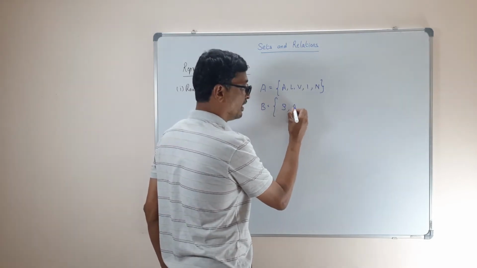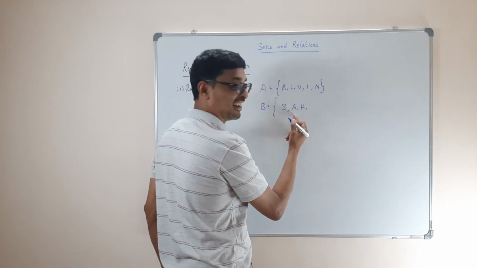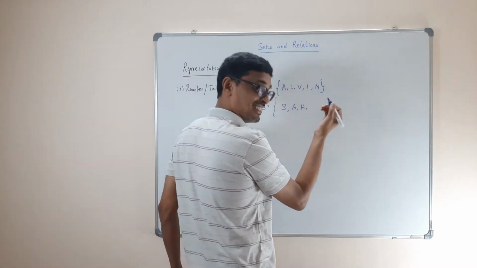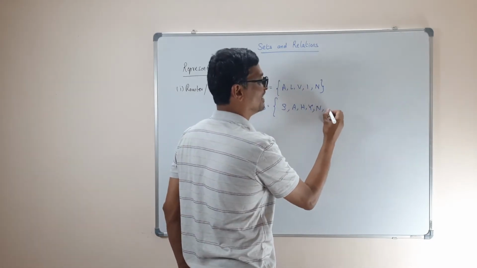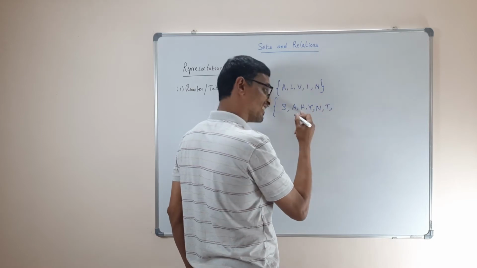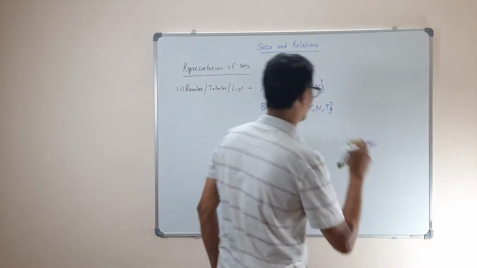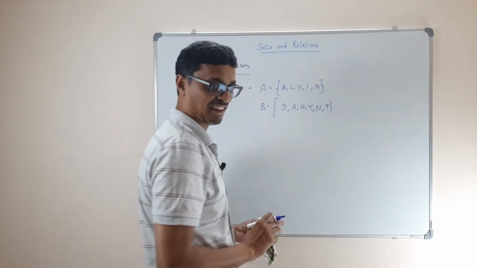S, A, H, A, already written, you don't have to repeat again. Then Y, A, N, T, H is there already, A is there, N is there, that's it. You got it? So you don't repeat the same letter again and again.